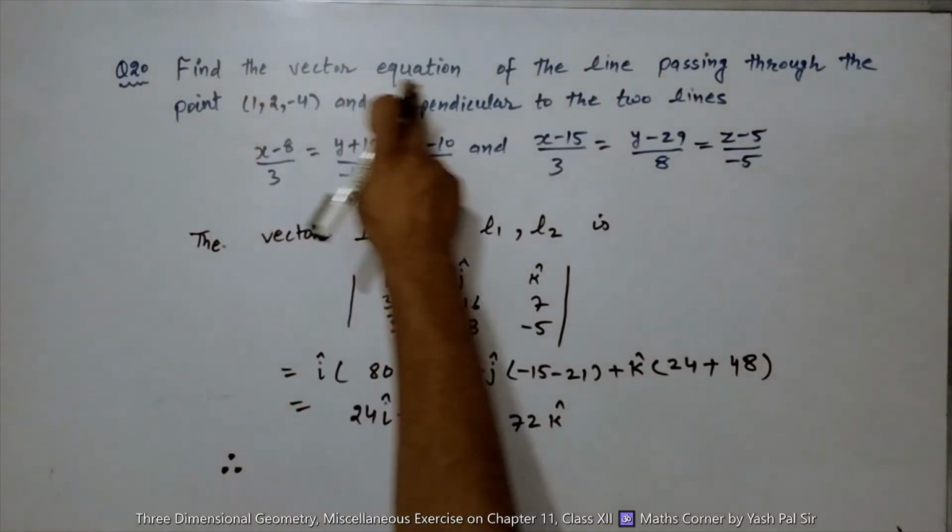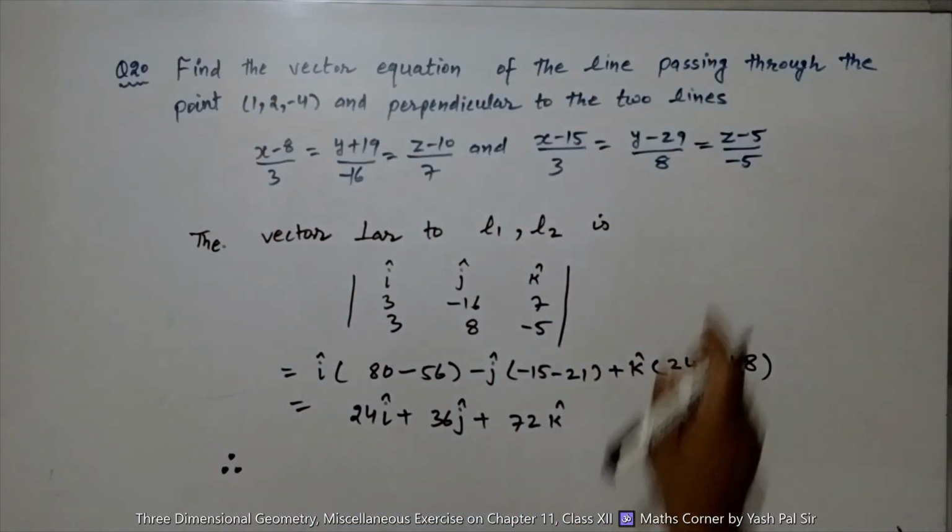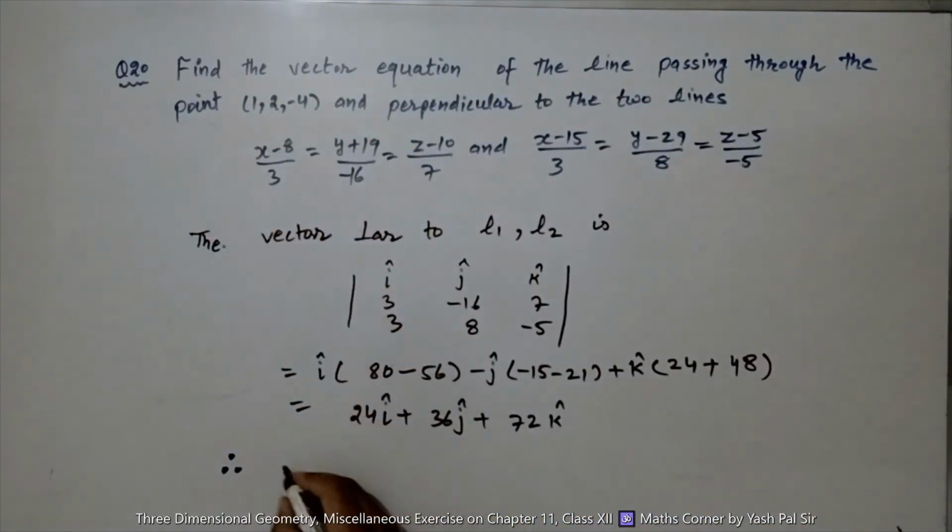therefore, find the vector equation of the line passing through this point.